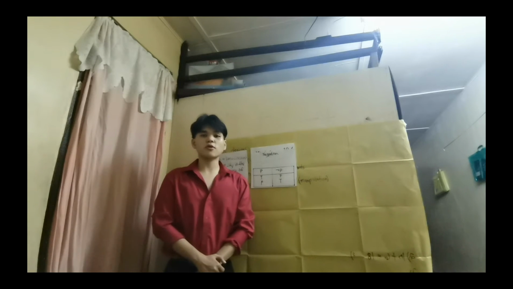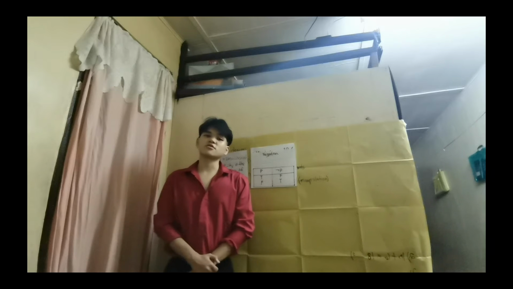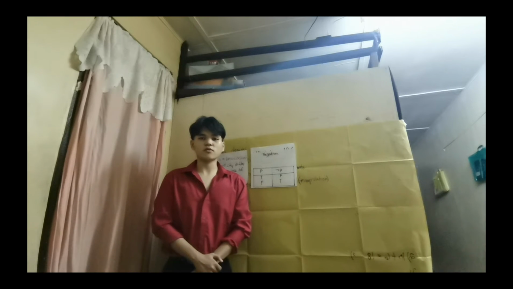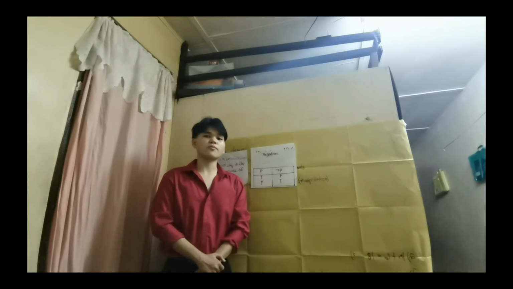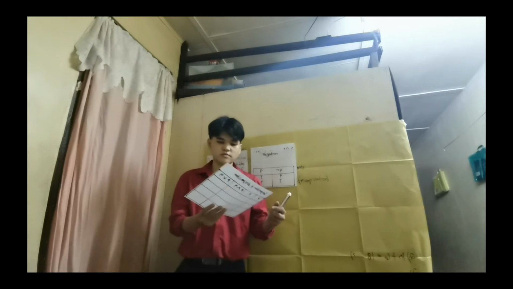The proposition P and Q is called the conjunction of P and Q. The disjunction definition: the proposition P or Q, denoted by P ∨ Q, is false when both P and Q are false and it's true otherwise. The proposition P or Q is called the disjunction of P and Q.